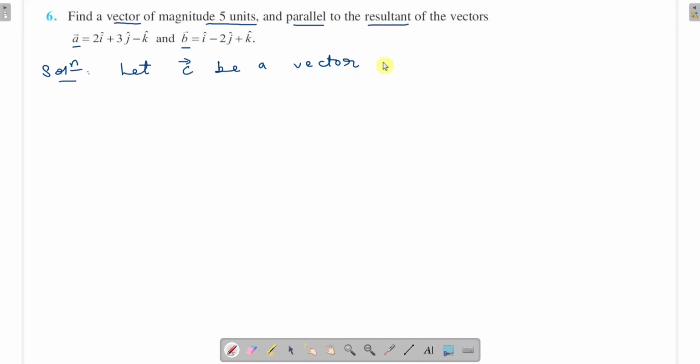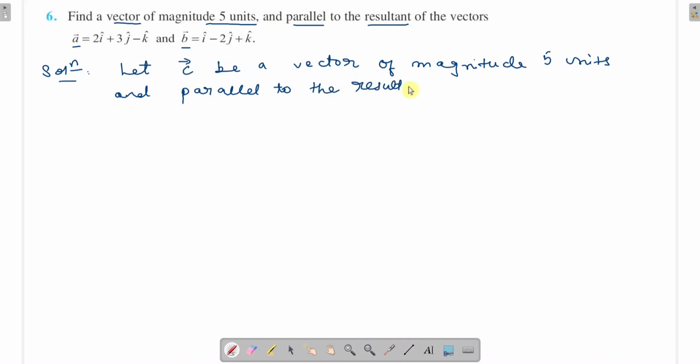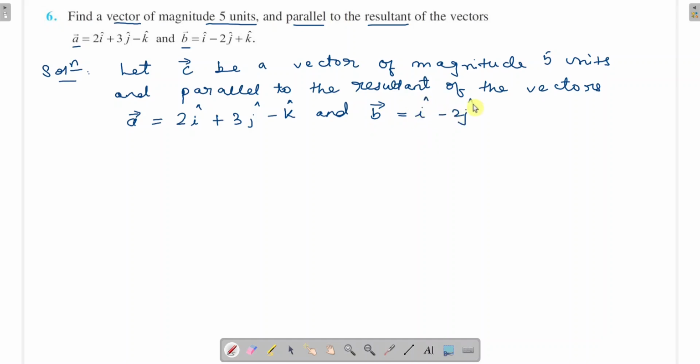So let c bar be a vector of magnitude 5 units and parallel to the resultant of the vectors a bar, which is equal to 2 i cap plus 3 j cap minus k cap, and b bar equal to i cap minus 2 j cap plus k cap.